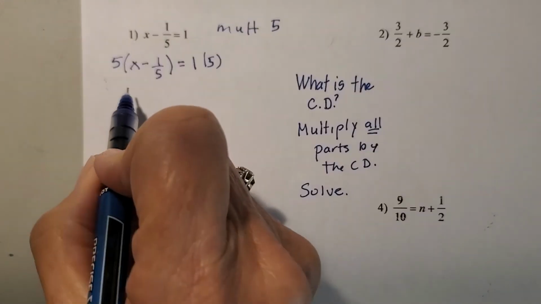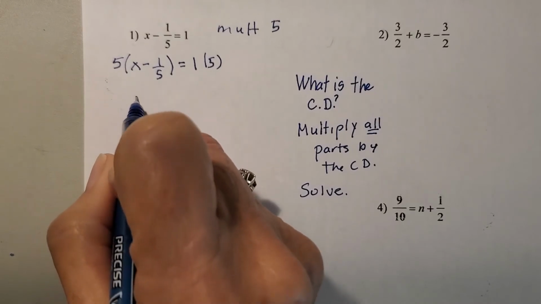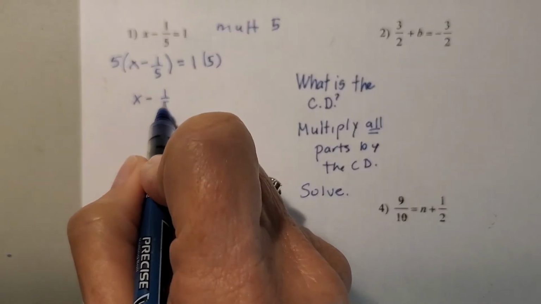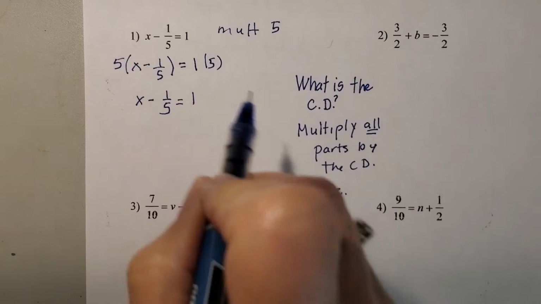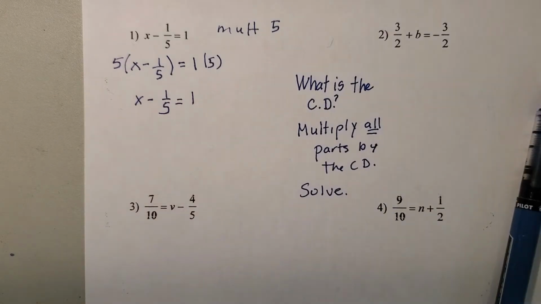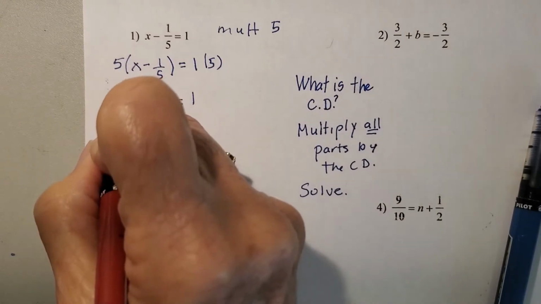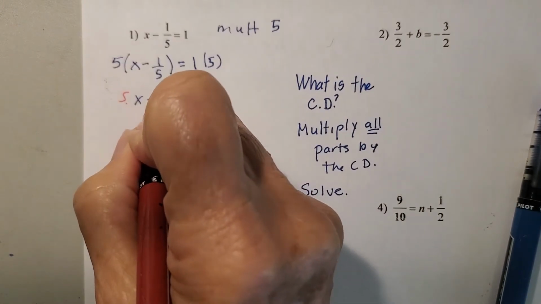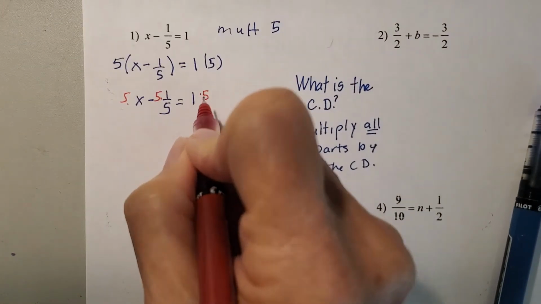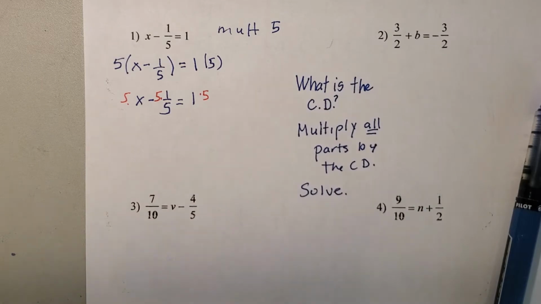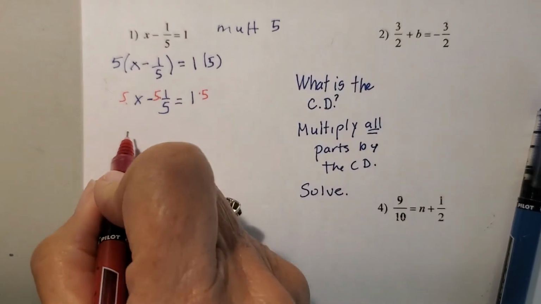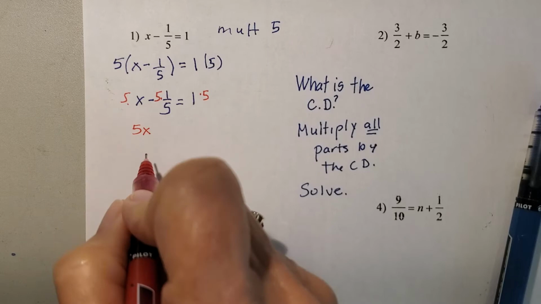The other way we might do this is, I'm going to go back to the original equation. This way I think is a little easier to follow. If we just multiply each piece by 5, we just distribute that 5. So 5 times x is 5x.